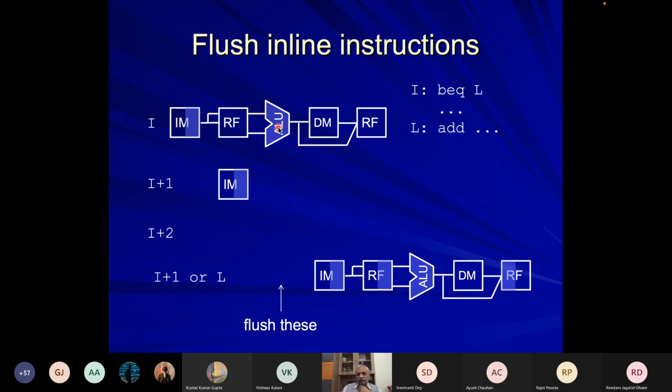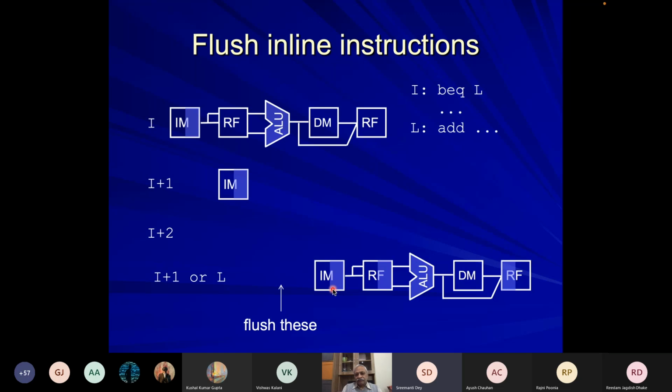Things could change a little bit if you move the decision point to the second cycle. But just for this illustration, I'm assuming that the decision whether you have to branch or not and the address computation both are happening in the third stage. So that means further execution can start from this cycle onwards, where I'm showing fetching I plus 1 or L.